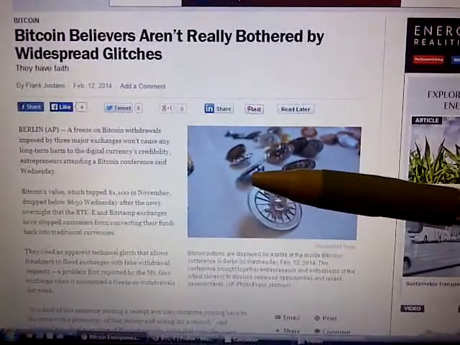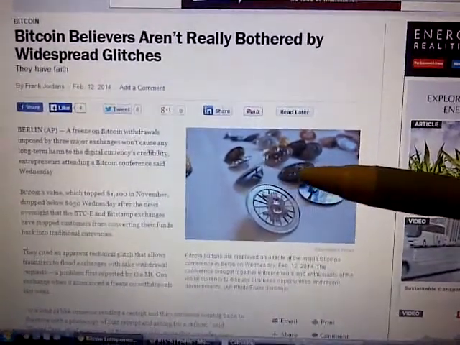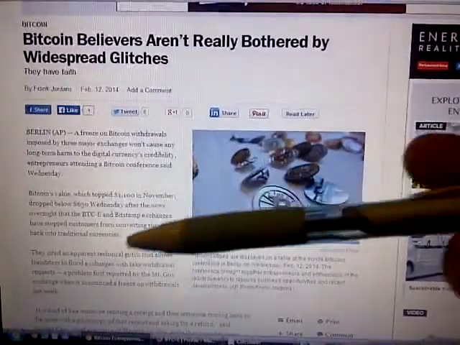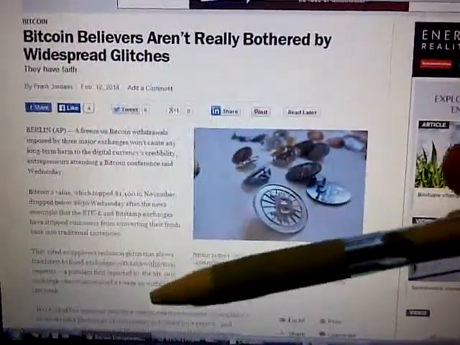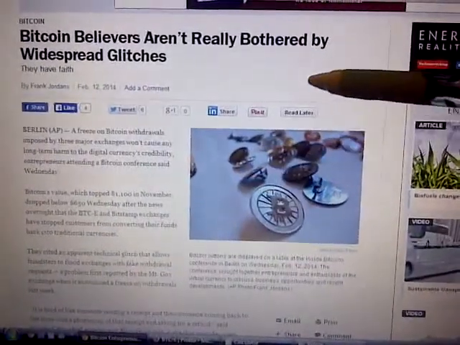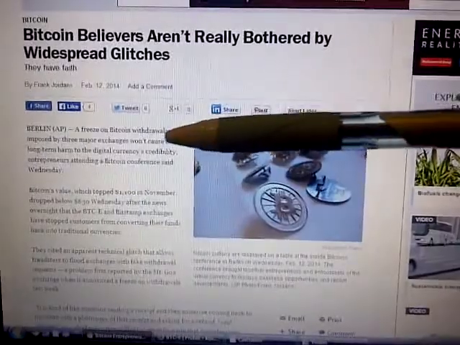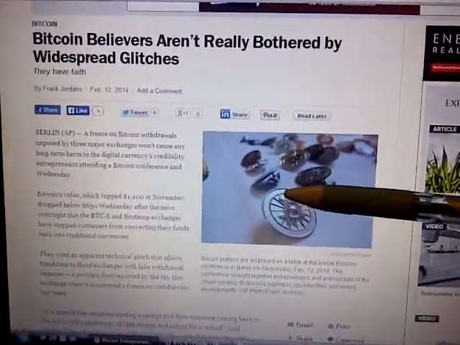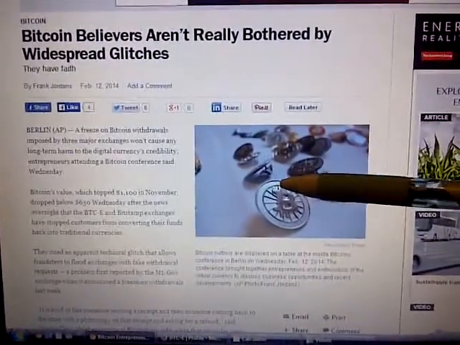People are running to the bank. When people say a run on the bank, it usually means people are taking money out. In this particular case, the run on the bank is people are putting money into the bank so they can get bitcoins. It's amazing.